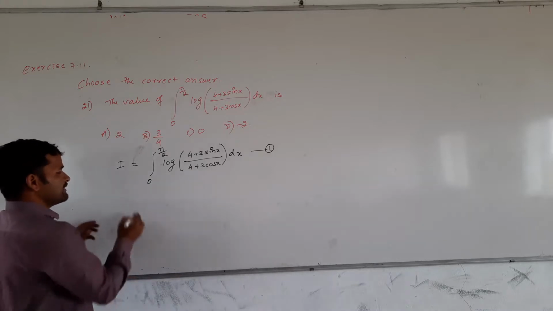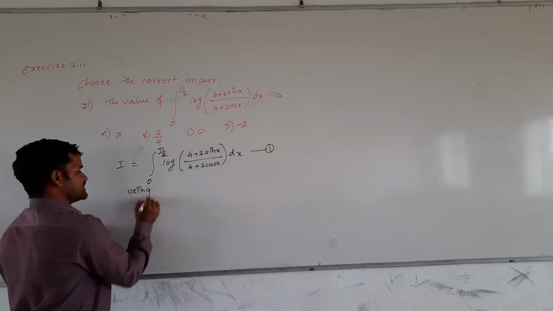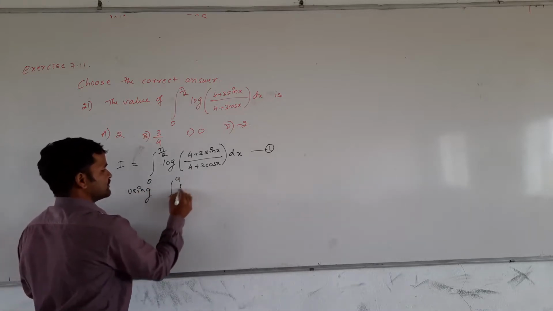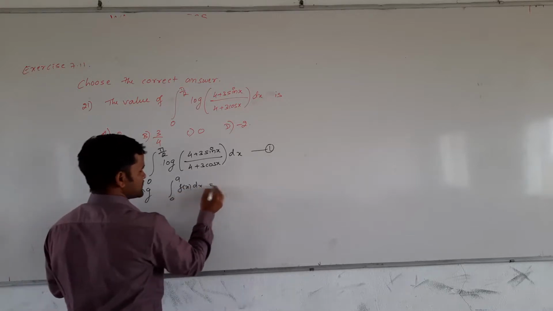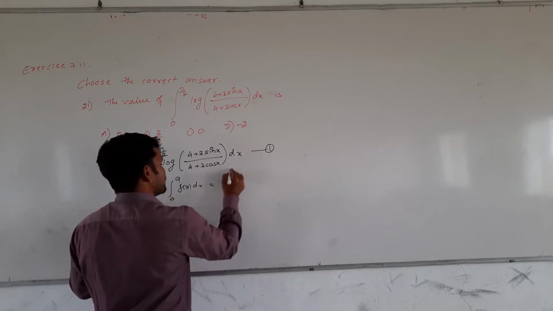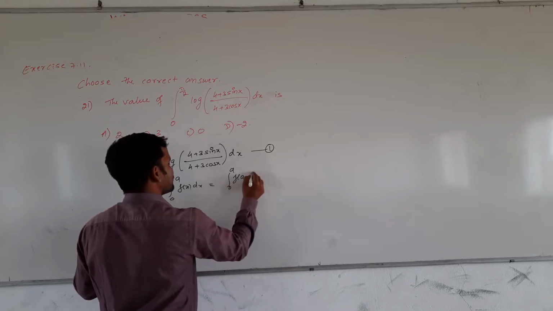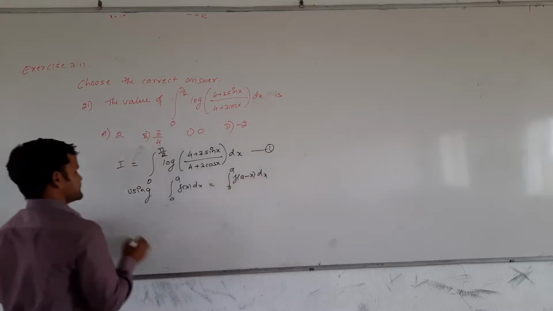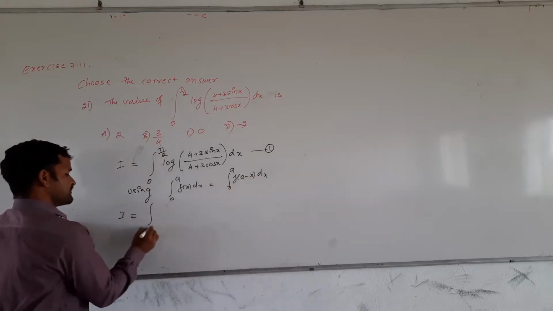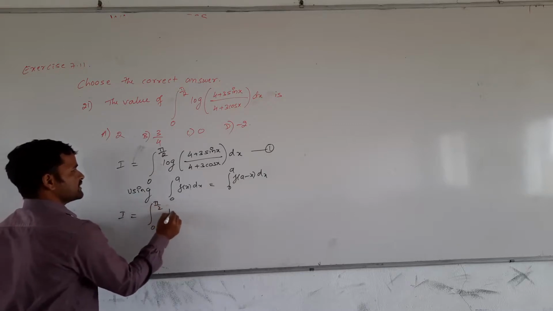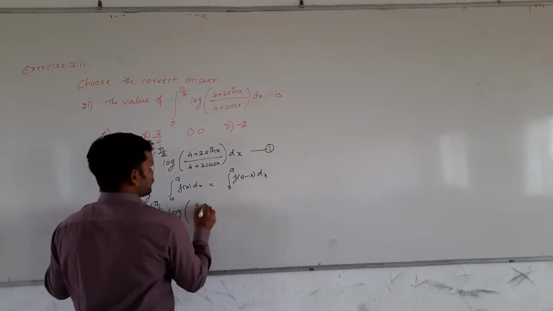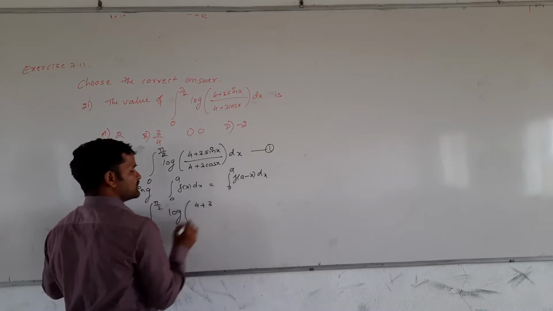Now, I will use the property: integrating from 0 to a of f of x into dx is equal to integrating from 0 to a of f of a minus x into dx.